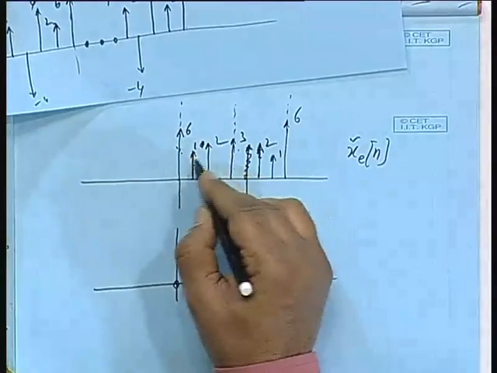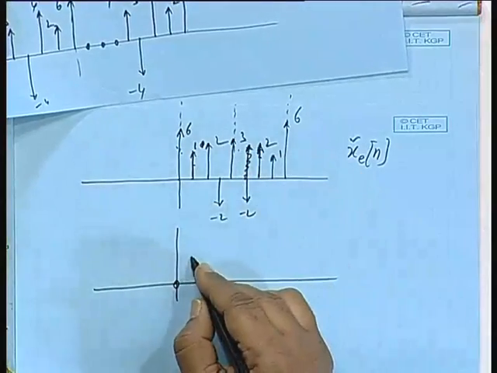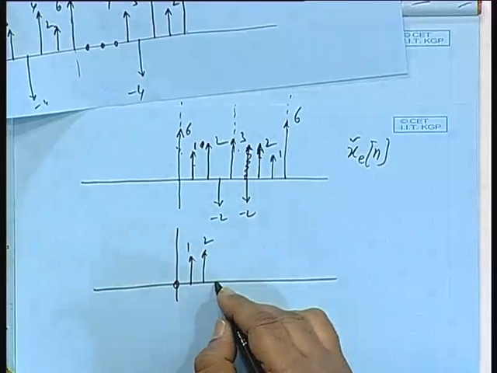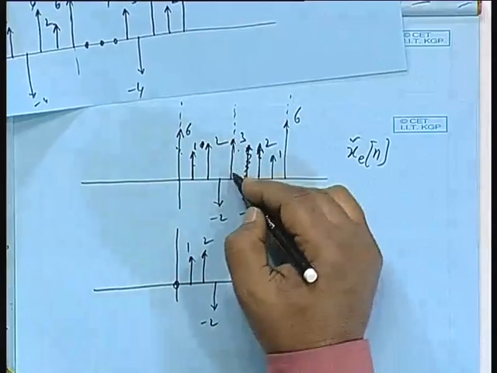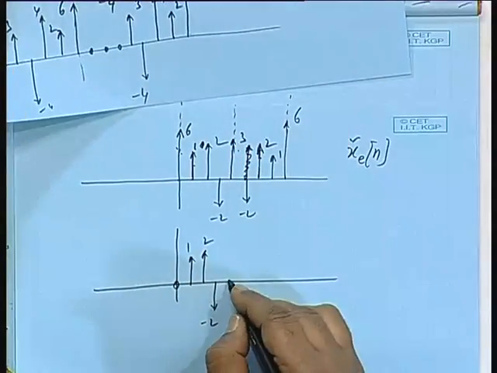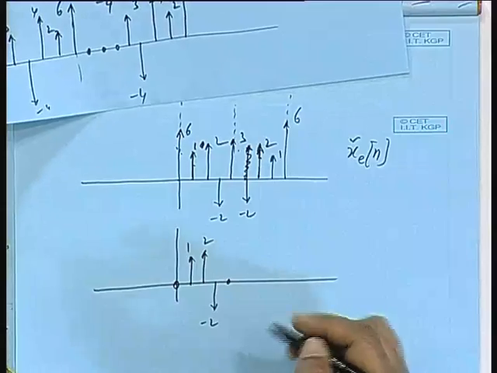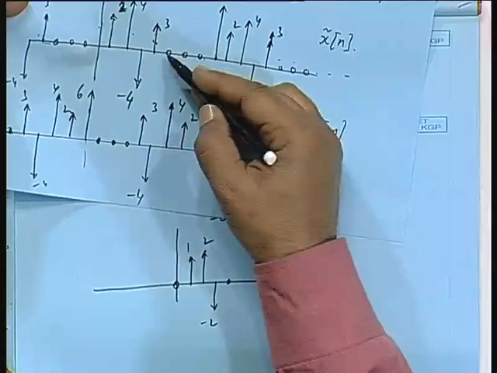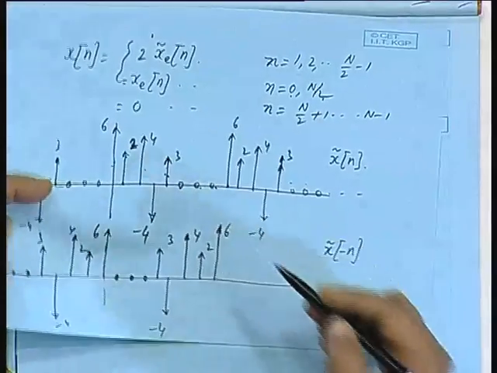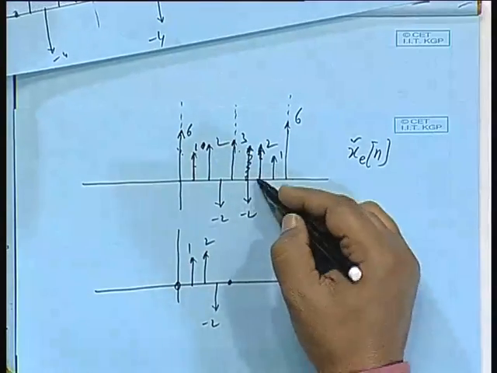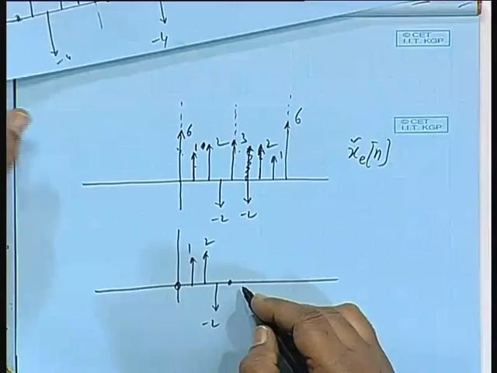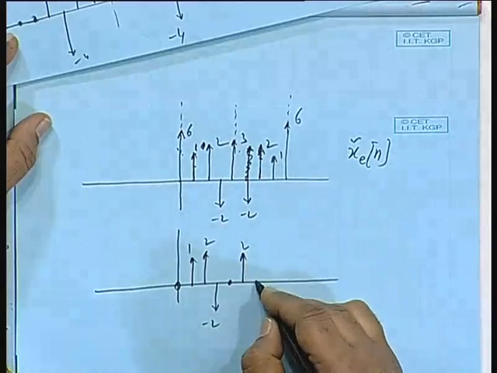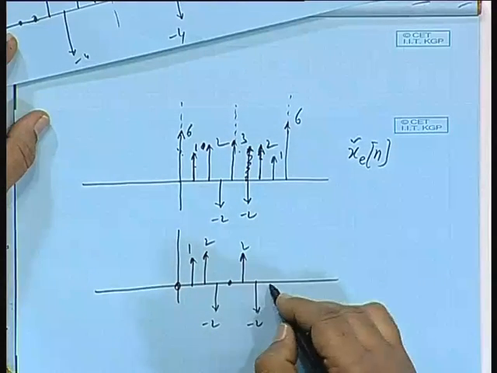So, up to this point it will be same as x_e[n]: 1, 2 and minus 2, and at this point 3 is equal to 3, so this value will be 0. And then at these points the resultant should be equal to 0, is it not? So, whatever you are getting in the even part, negative of that should appear in the odd part. So, it will be plus 2, minus 2, minus 1.